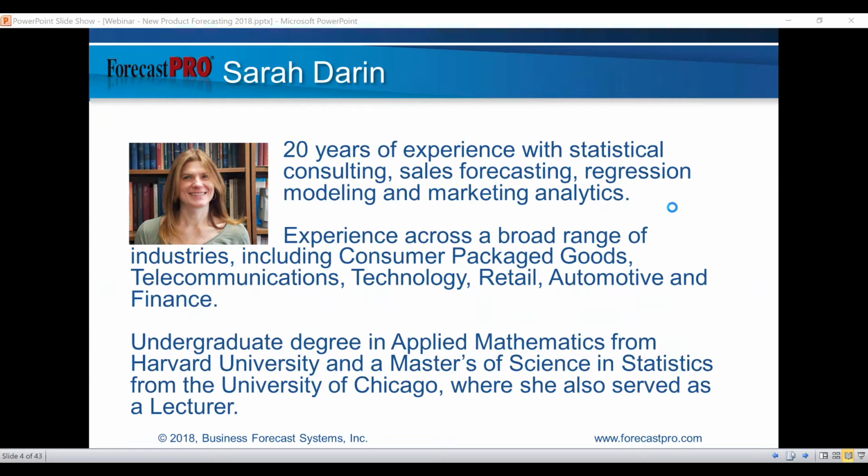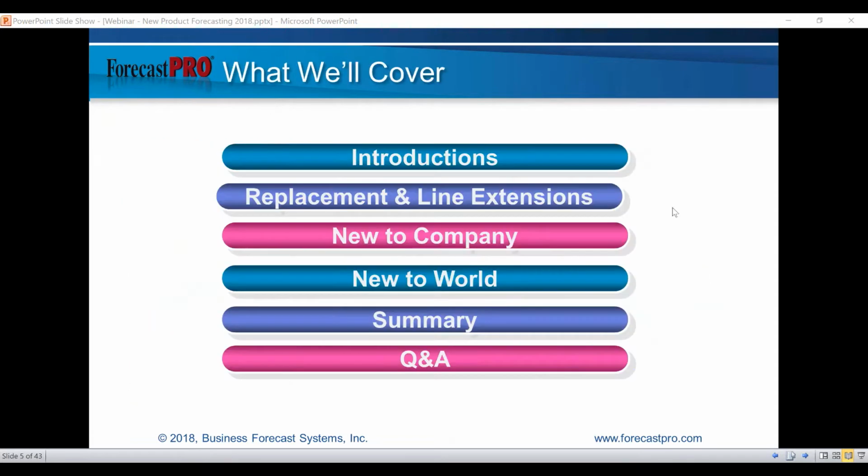Okay, sounds good. So here's a roadmap of what we're going to cover. We're going to start off with some general introductions, and then we're going to go into different types of new products forecasting. The term new product forecasting really covers a lot of ground, okay?